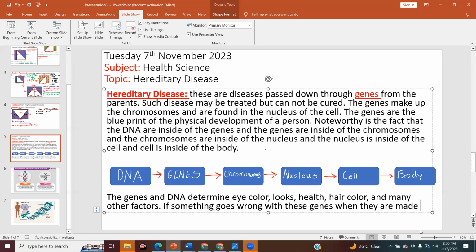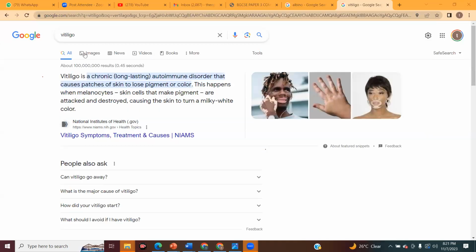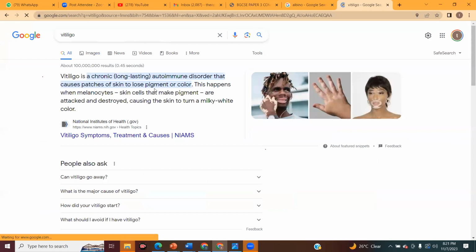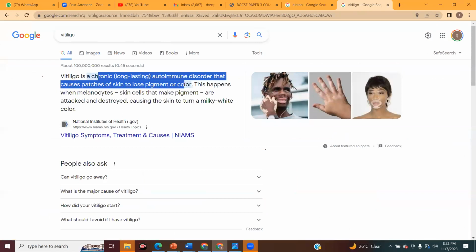When she says vitiligo, she means this. That's people like this. This is typically not inherited. This is autoimmune, which means that your body is reacting against itself. That's what they say, chronic autoimmune.